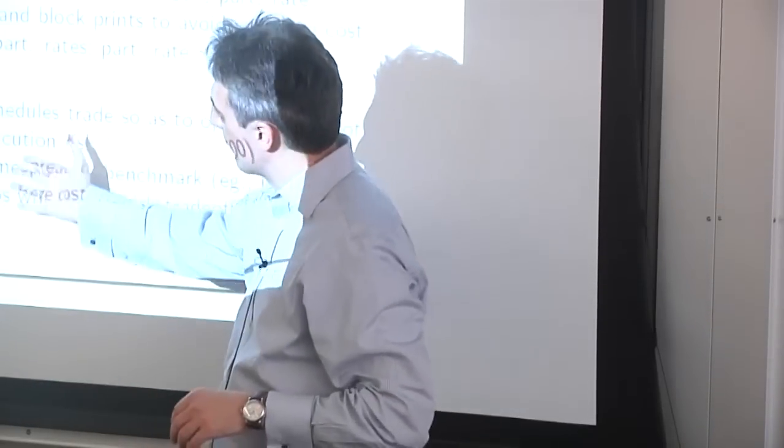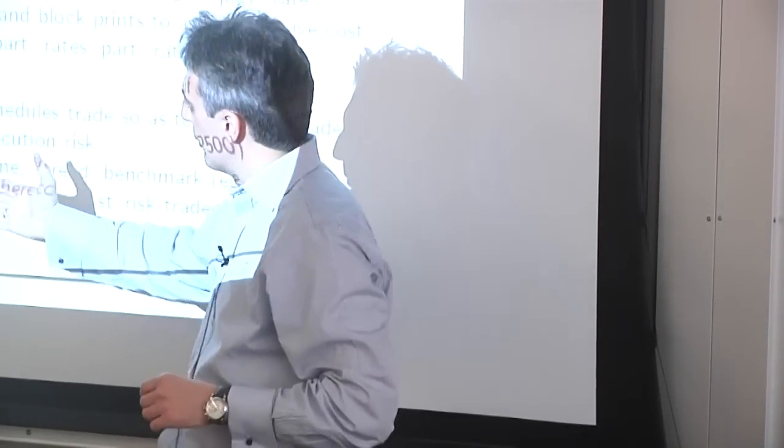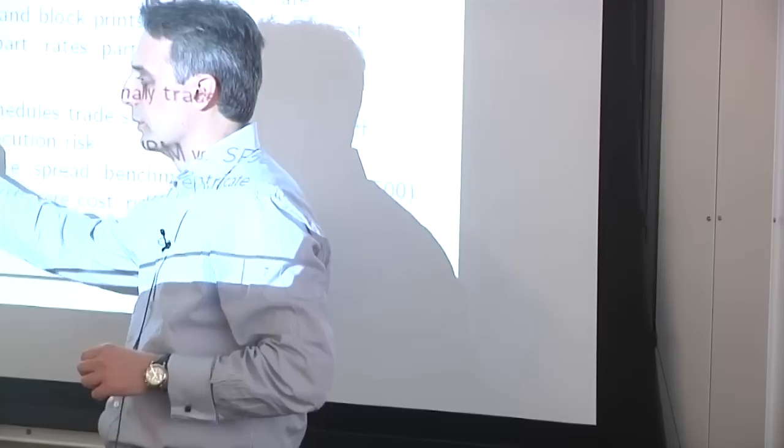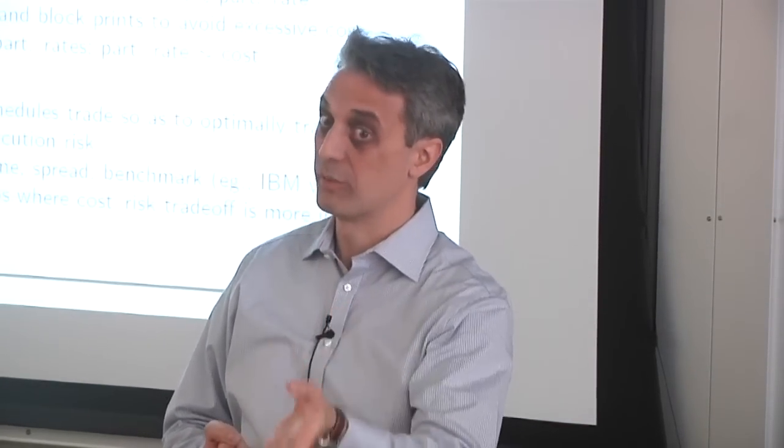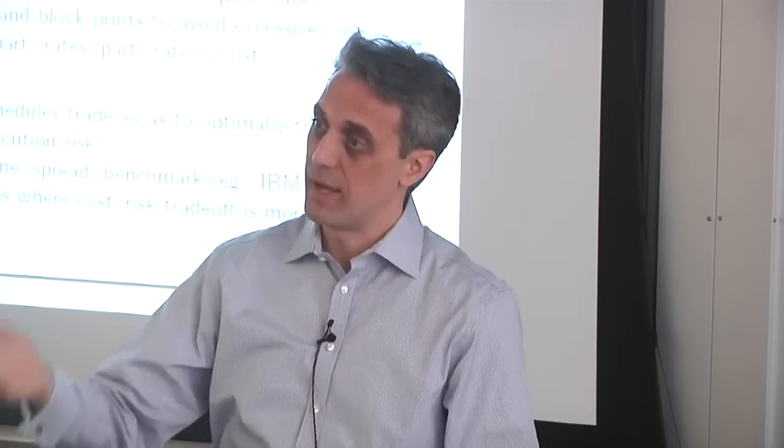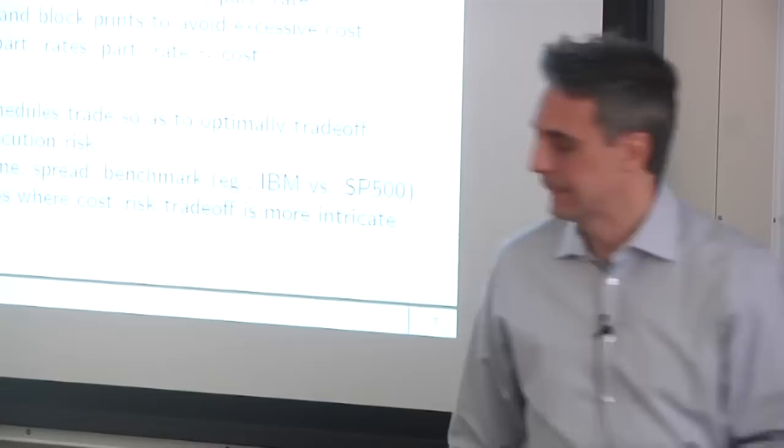The most rational, perhaps not intelligent, way of doing it is something called implementation shortfall, which measures the trade-off between the risk of the price moving away from you against the cost, which is, if you trade very fast, you're going to push the price yourself, right? This is the 22 basis points we're talking about, all right?